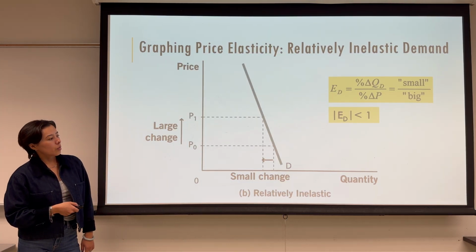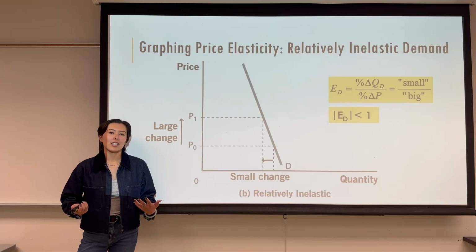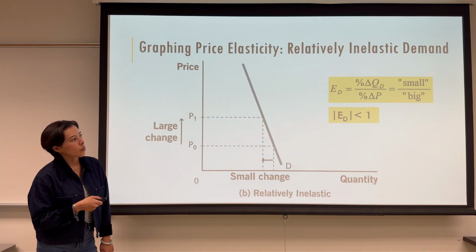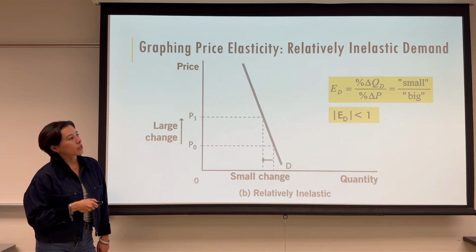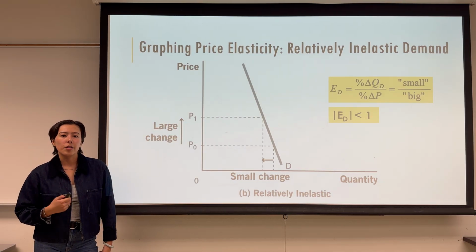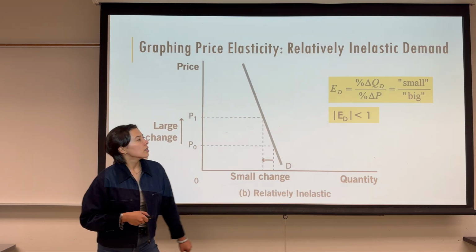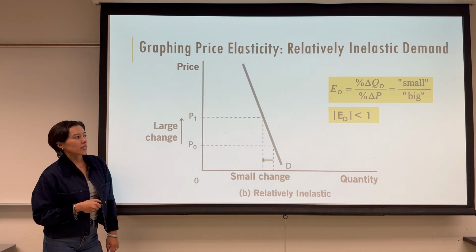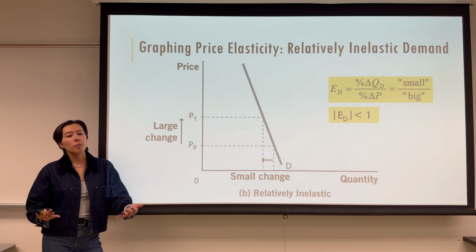So we're going to have a small change in quantity demanded in response to some larger change in price. This is relatively inelastic demand. In our formula, we would have a small percentage change in quantity demanded on the top and a big percentage change in price on the bottom. When we're looking for relatively inelastic demand, recall that we're looking for an absolute value of our price elasticity of demand that is less than 1. Small change in quantity demanded for a big change in price.